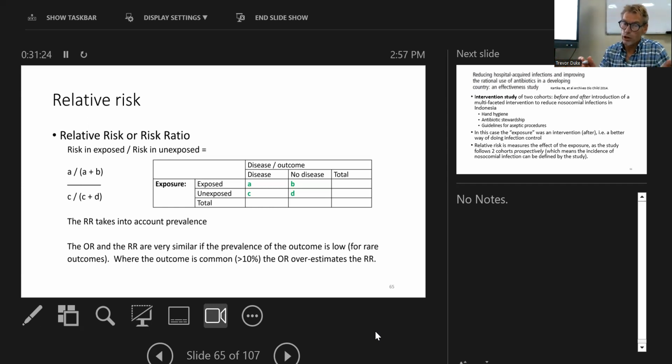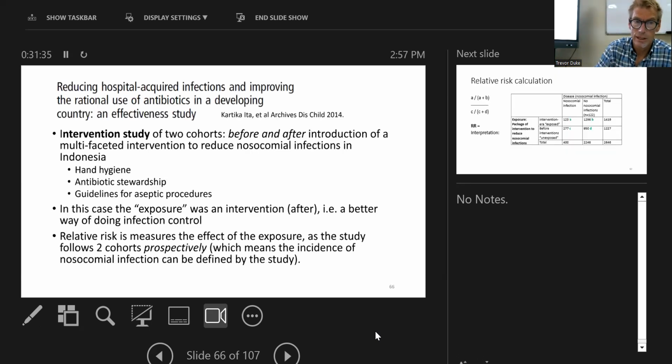So it's two cohorts, and in the middle there was an infection control intervention. And I want to go through how you do the relative risk. This is the study, and it's called Reducing Hospital-Acquired Infections and Improving Antibiotic Use. It was in Indonesia, and it was published about 10 years ago.